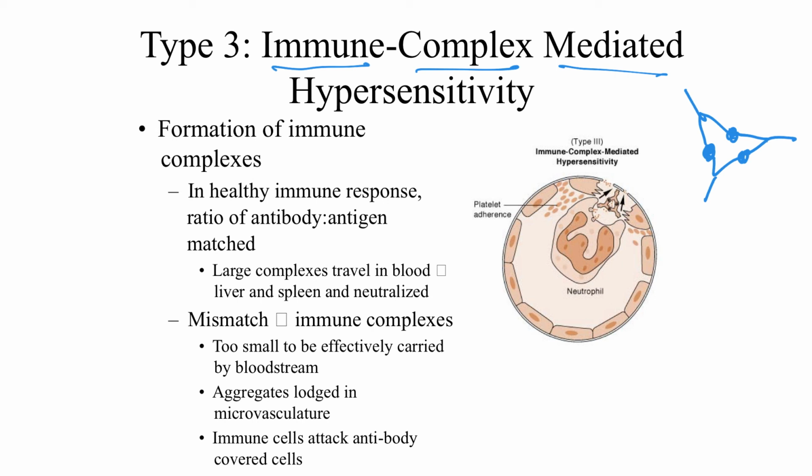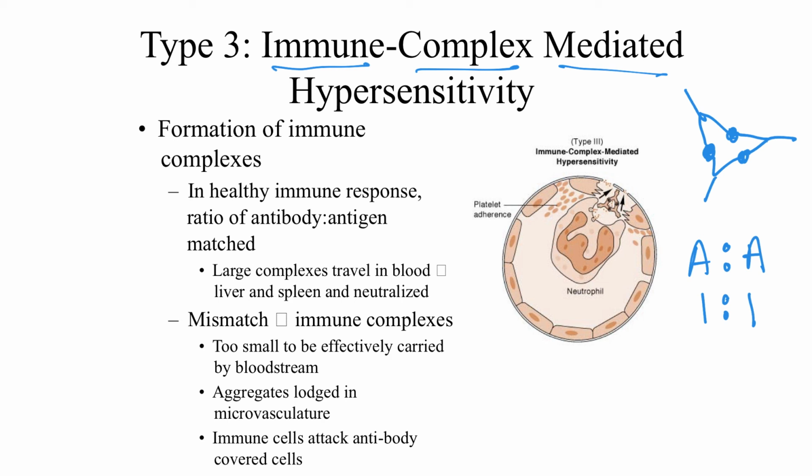these little complexes. And the key here in type 3 is that in a healthy immune response, the amount of antibody that's created in response to the antigen is a good ratio. It's matched, like a 1-to-1 ratio, which means all that antibody that's created, it's an actual substance, so it's going to travel in the bloodstream, connected to these different pathogenic substances.